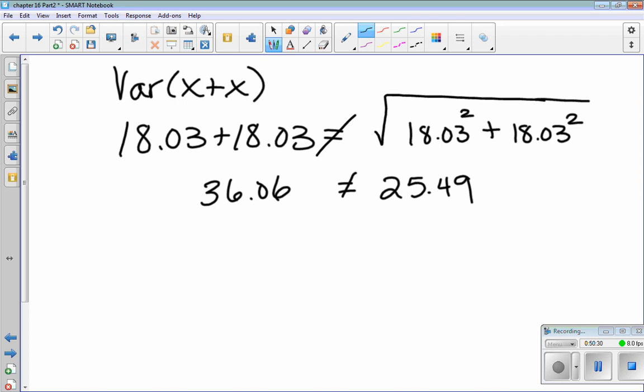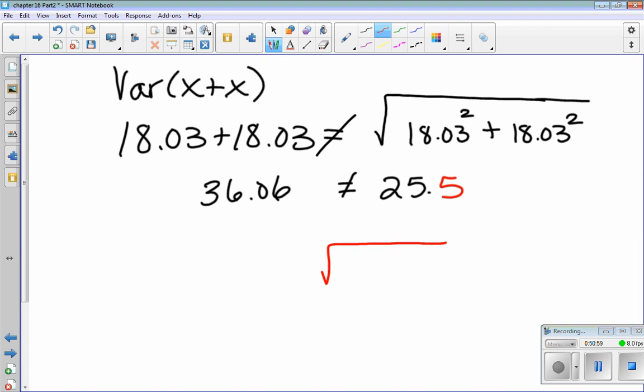So why is that? Because the square root of a sum is not the same as the sum of the square roots. Why is this true?